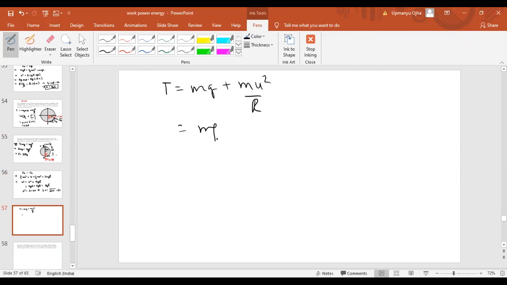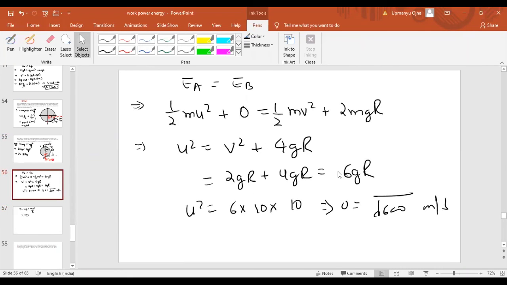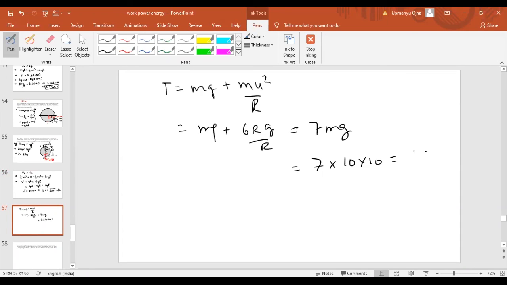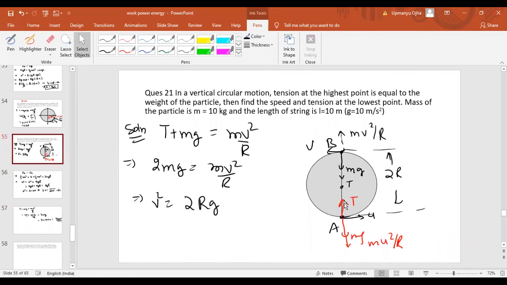The u square value is 6gr, so 6gr by r, which means 7mg is the tension at the lowest point. Mass is 10 and gravity is 10, so we get 700 Newton is the tension at the lowest point.